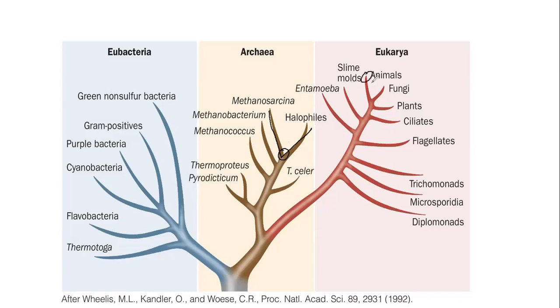So animals up here, we're actually slightly closer to fungi than we are to plants when you look at evolutionary scales. And eukaryota itself are closer to the weird archaea than we are to the bacteria. And when we get into evolution, it'll mostly be protein evolution. We're going to see how proteins have changed over time and what tools we can use to monitor that change.